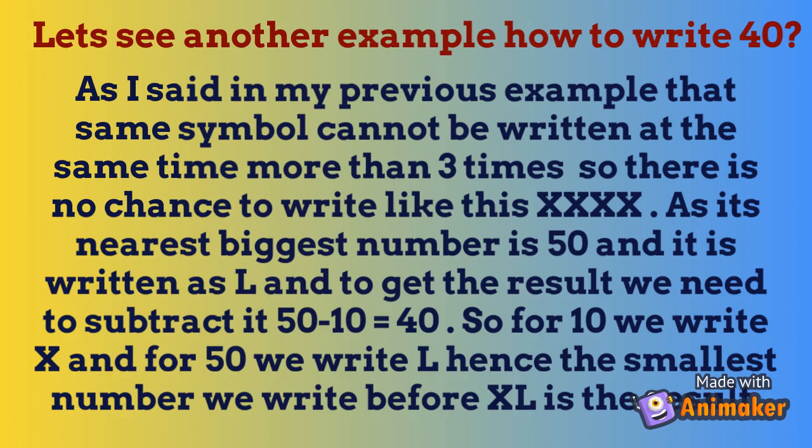It is 50, and it is written as L. To get the result, we need to subtract: 50 minus 10 equals 40. So for 10 we write X and for 50 we write L. The smaller number we write before, that's why X is written before L. So the answer is XL.